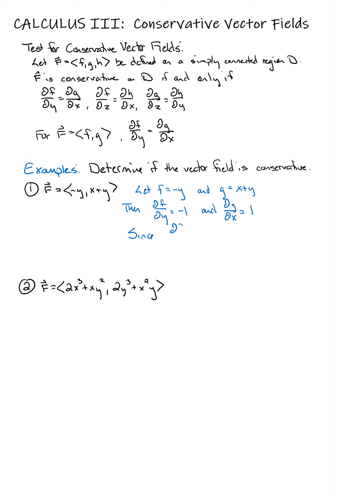Since the partial of f with respect to y is not equal to the partial of g with respect to x, then we'll say this vector field is not conservative.